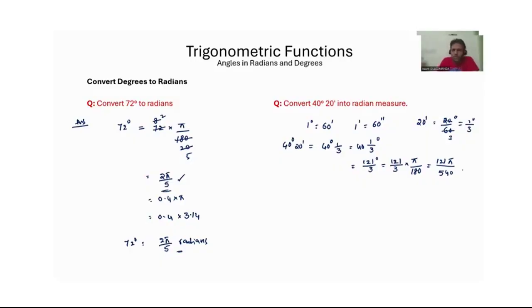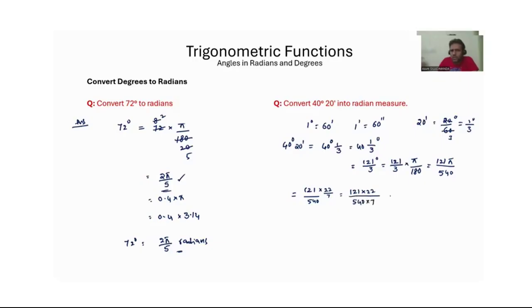Or if you want to simplify, you can substitute the pi value. So 121 into 22 by 7 by 540, right?